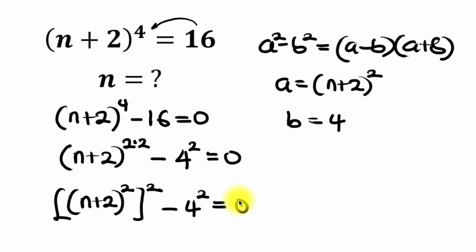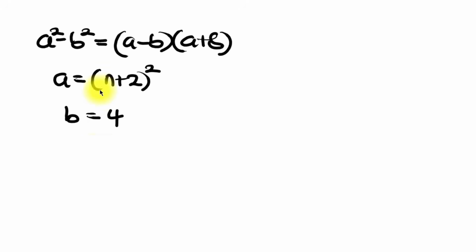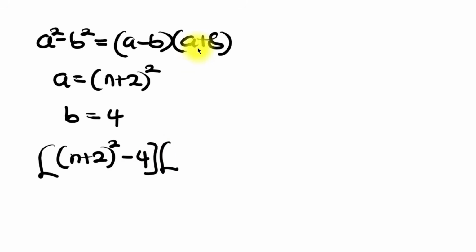Now, let's write this expression in this form. So this becomes a minus b, which will be (n + 2)^2, that's our a, minus b, b is 4. Now we're going to be multiplying this by a plus b. A is (n + 2)^2, plus b, b is 4. Very good. And this is equal to 0.